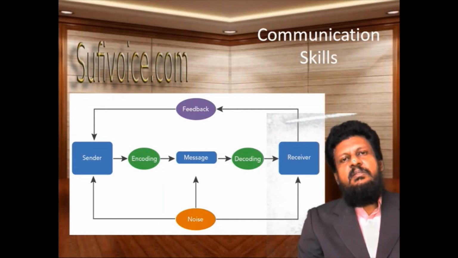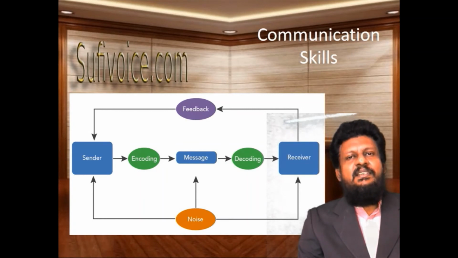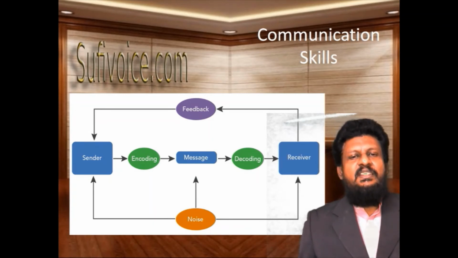In order to avoid noise, one has to be an active listener and pay attention to what the other person is saying. So noise has to be avoided. Language communication barriers have to be avoided in order to be an effective communicator.